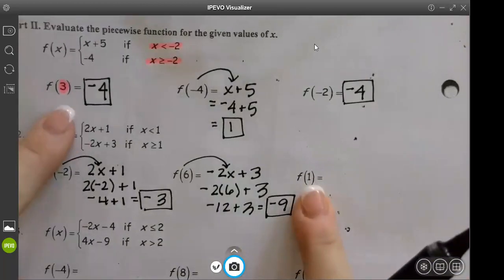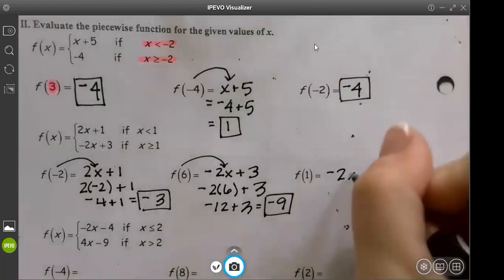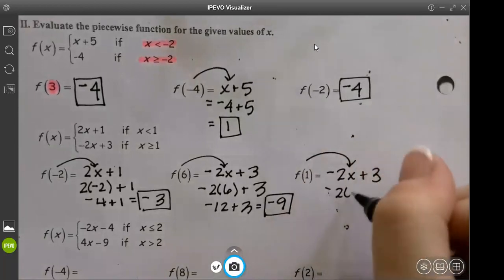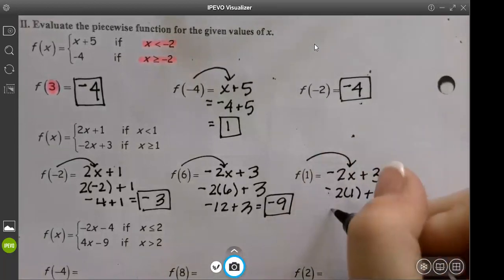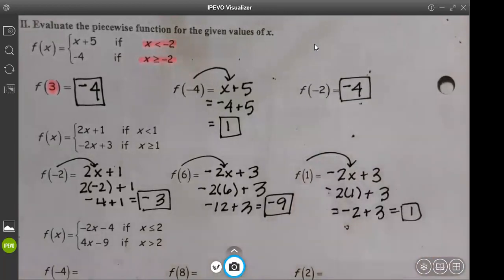Does 1 fall in the first one or the second function? The second function, which is -2x plus 3. And then we plug in 1, so -2 times 1 plus 3 is -2 plus 3, or 1.